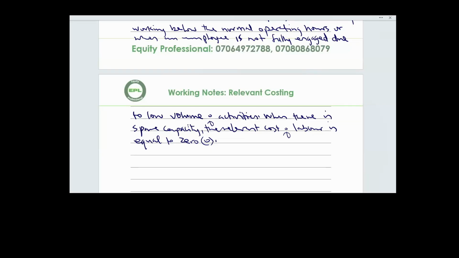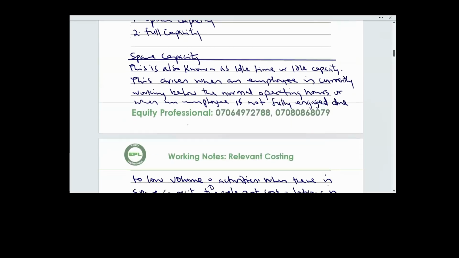What you are going to recognize as the cost of the project is 4 hours, because the engineers are idle for 6 hours out of the 10 hours that you need. So the labor cost you consider would be for the 4 hours out of the 10 hours. That is what you do under spare capacity.